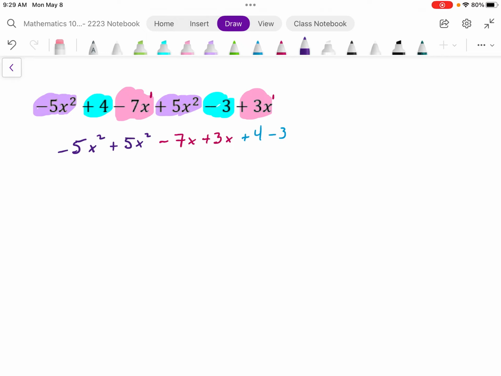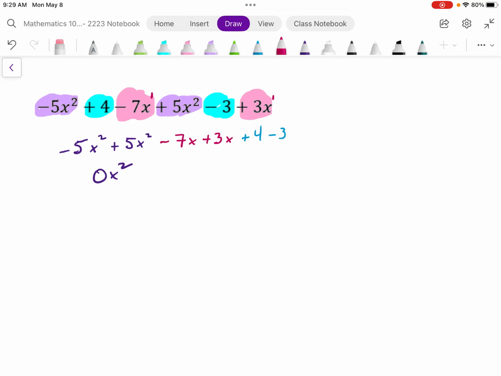Quite simply, I'm just going to perform each operation within each group. Negative 5x squared plus 5x squared. This is going to be 0x squared. Now, negative 5 plus 5 is 0. X squared is along for the journey. So when we're working within each group, when we're adding or subtracting, we can think of the coefficients as almost being independent of the variables.